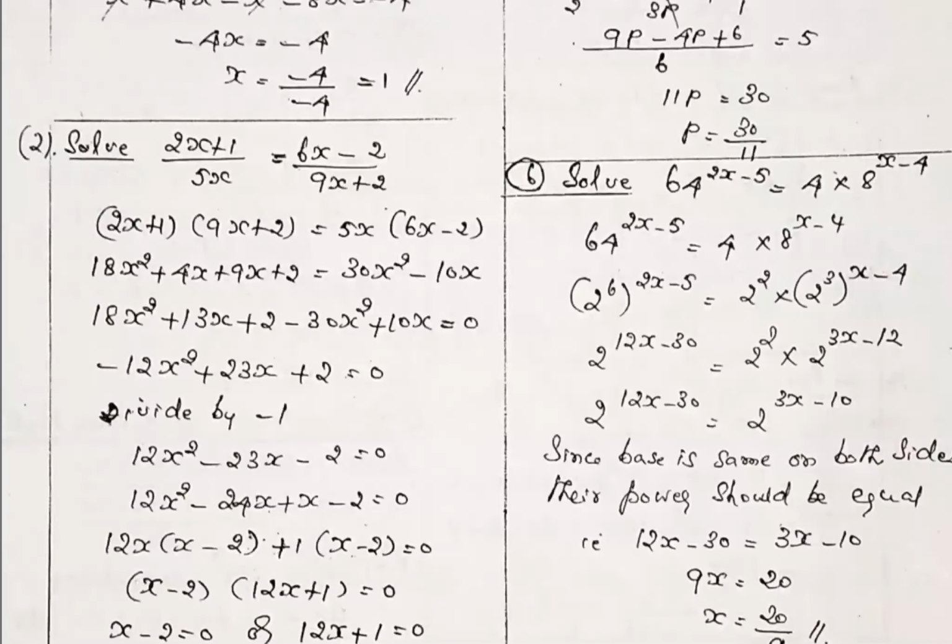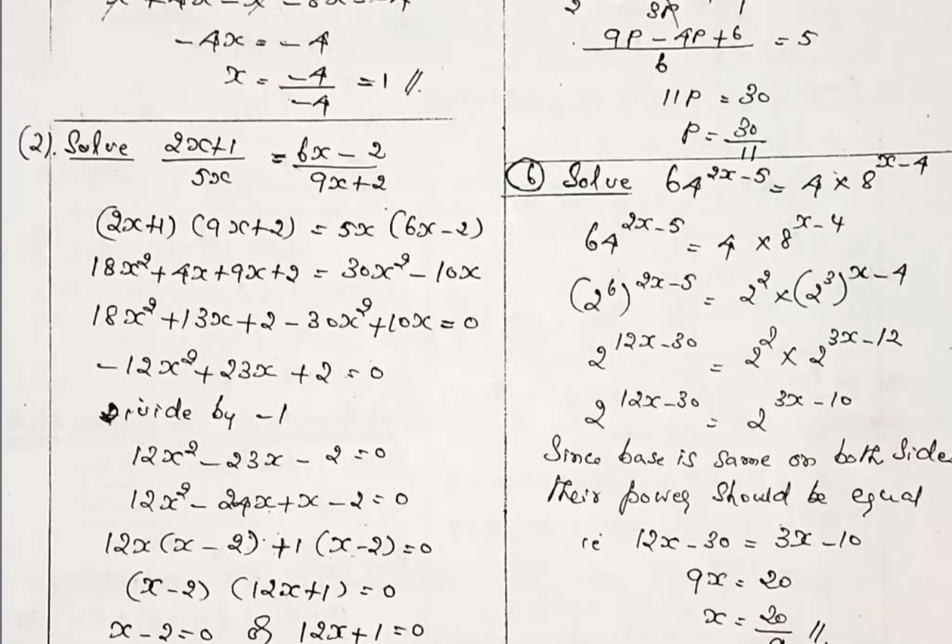In this problem, 2x plus 1 divided by 5x, right hand side 6x minus 2 divided by 9x plus 2. X is available both in numerator and denominator, on the left hand side as well as the right hand side. It's not a normal equation. How to convert into a normal equation?